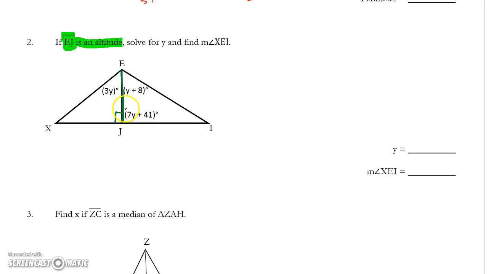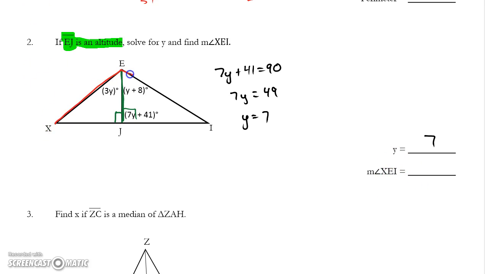I only know that these two angles are equal to 90 degrees. So 7y plus 41 equals 90 is the only equation I can set up. Algebra, subtract 41 from both sides, I get 49, I get y is 7.